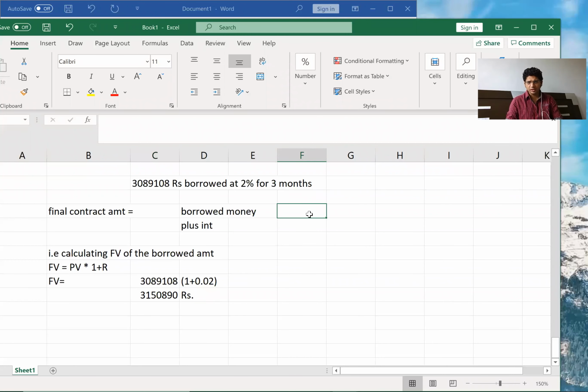Or you can do it this way also: borrowed money is 3,89,108 plus interest, which is this amount into 2%. The same thing. Total will be this plus this. It comes out the same.